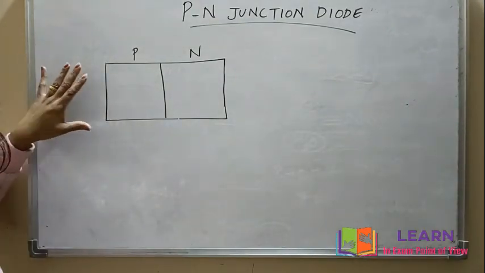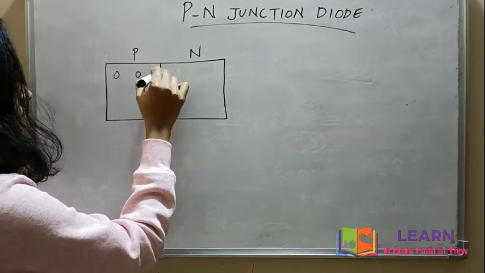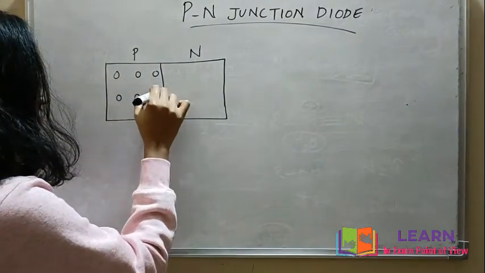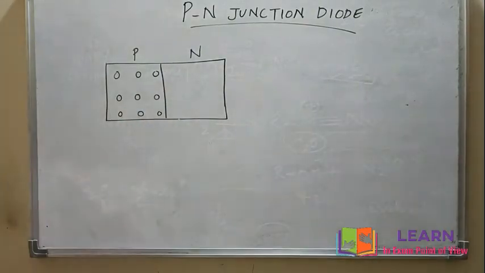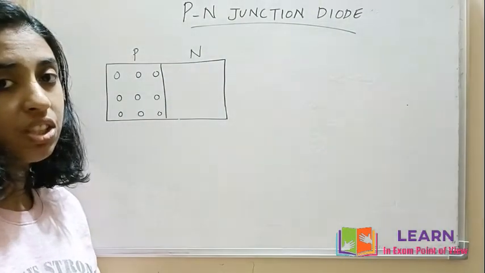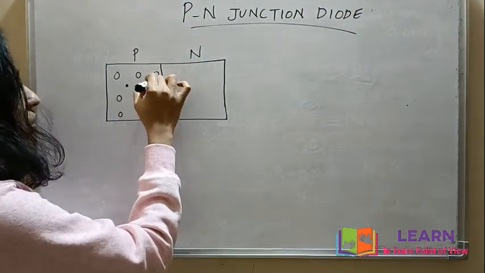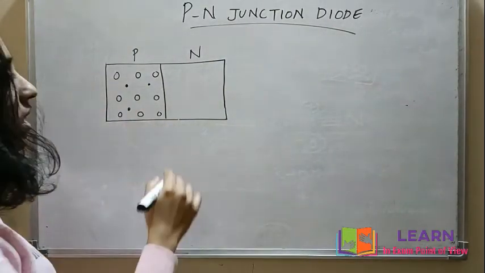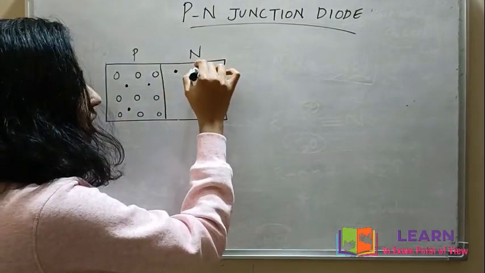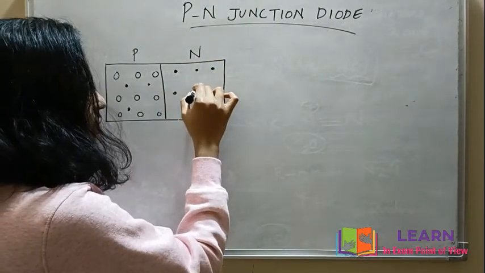In the p-type semiconductor, the majority charge carriers are holes, right? That is why it is positively charged, that is P. In between, minority electrons you can see. Whereas in n-type, the majority charge carriers are electrons, right?